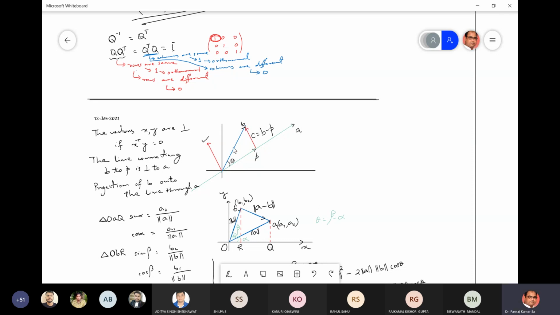This vector B, let me call it vector v1. Let me write it here. No, it will be better if I do it here.